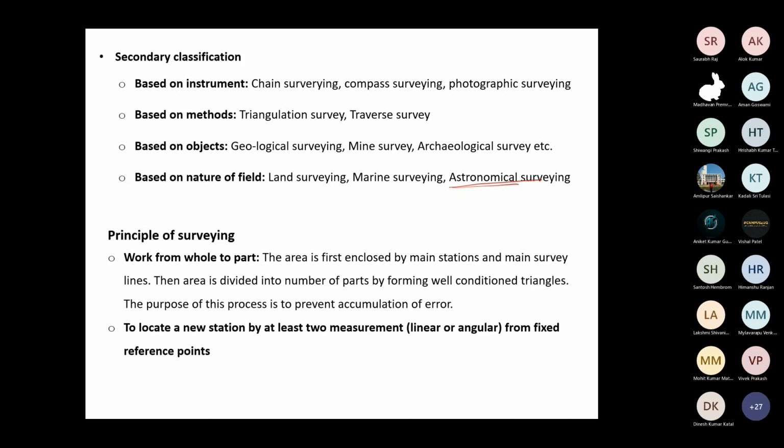So like in the last class, for a rectangular region, we were dividing it into triangular parts. Then I used the word well-conditioned triangles.